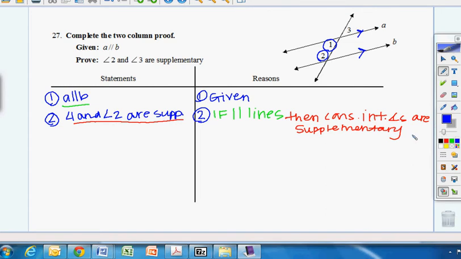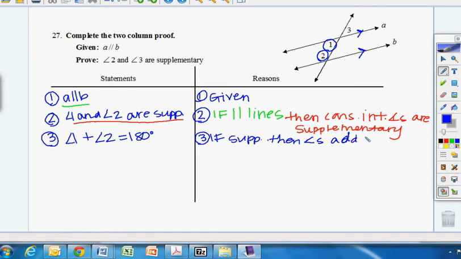All right, what else can I say? I can also say, number 3, if I know 1 and 2 are supplementary, angle 1 plus angle 2 equals 180 degrees. And if supplementary, I'm starting with above, then angles add to 180.